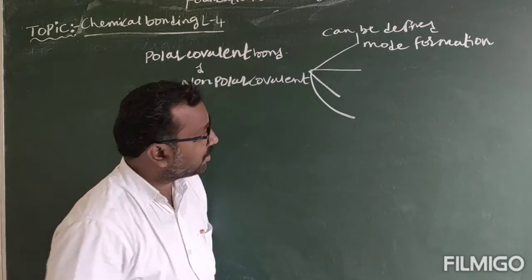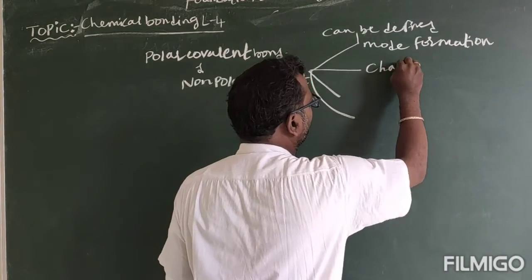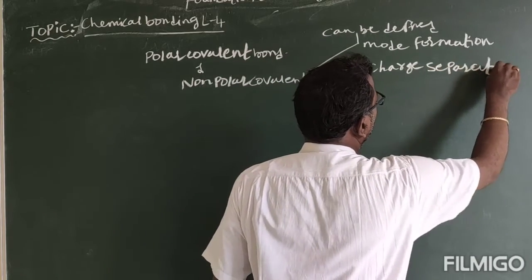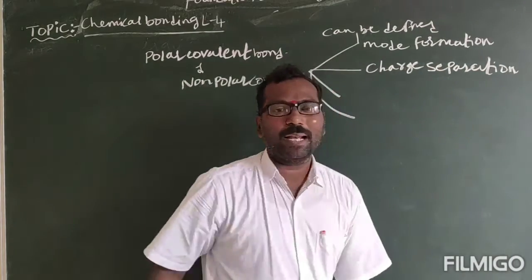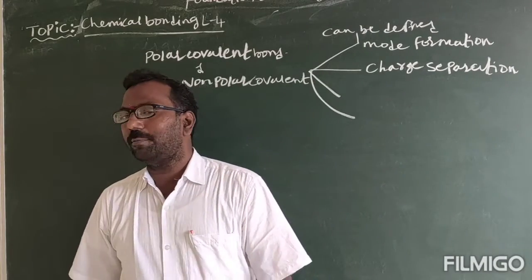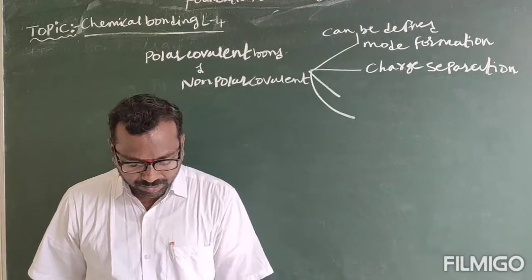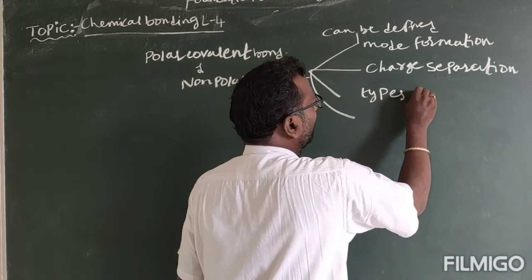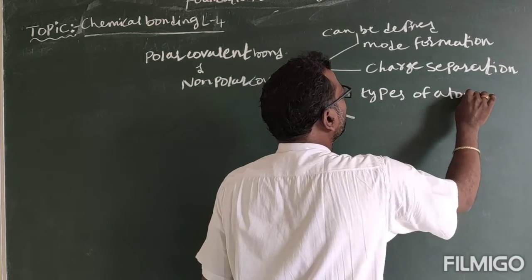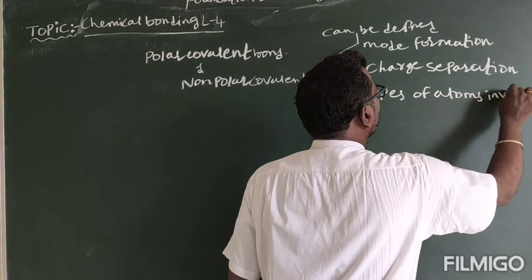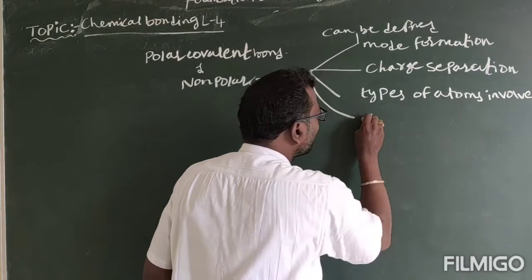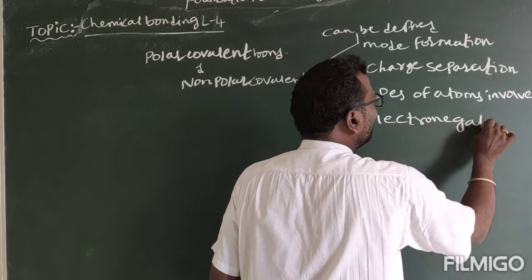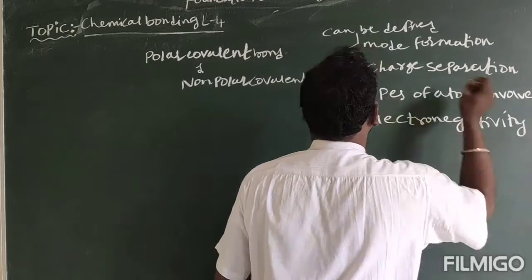And another one is the charge separation. Due to the polarization concept, they may get some charge separation. Then the types of atoms involved, and based upon the electronegativity also you can define these.